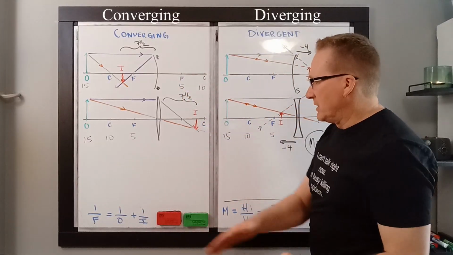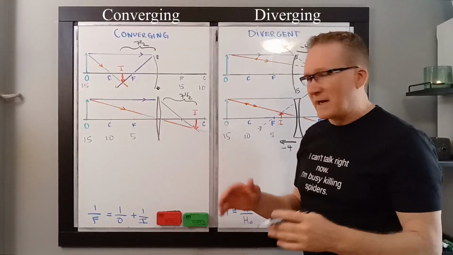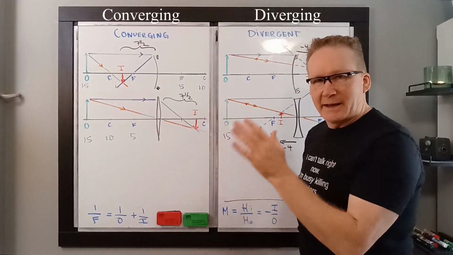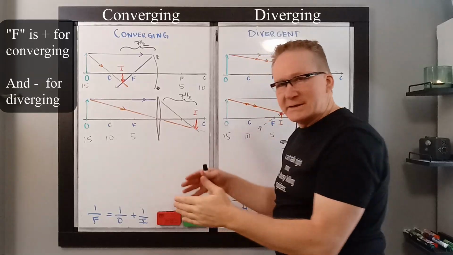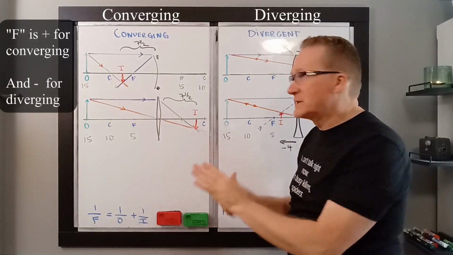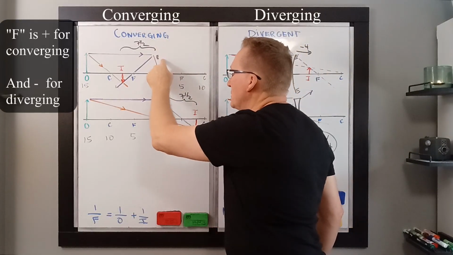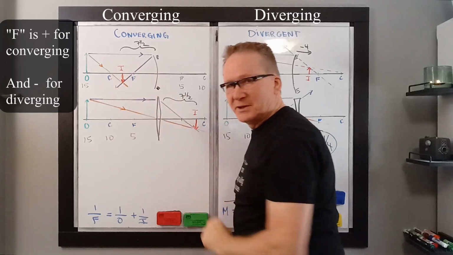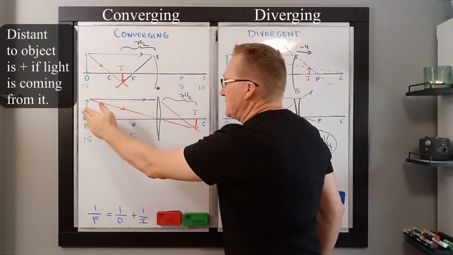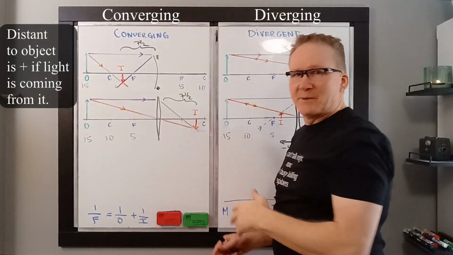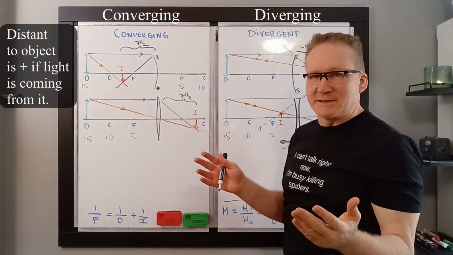And we used this formula. Just to review sign convention, the focal distances are positive if light is converging there, which means they're positive for converging mirrors and lenses. And these two are completely analogous to each other. The distance to the object is positive if light is coming from there, which it will be in practically all the cases that you have.